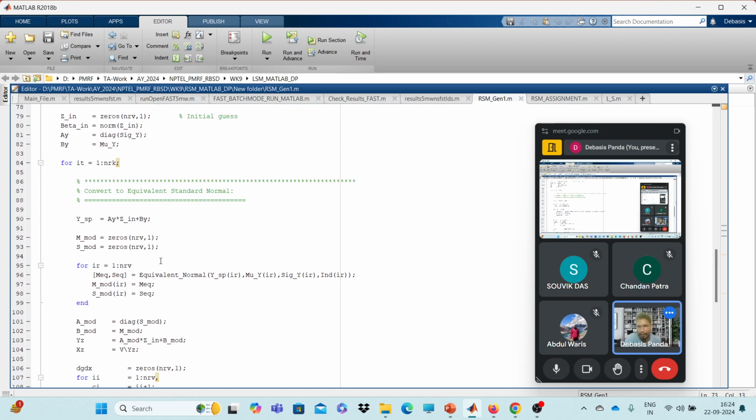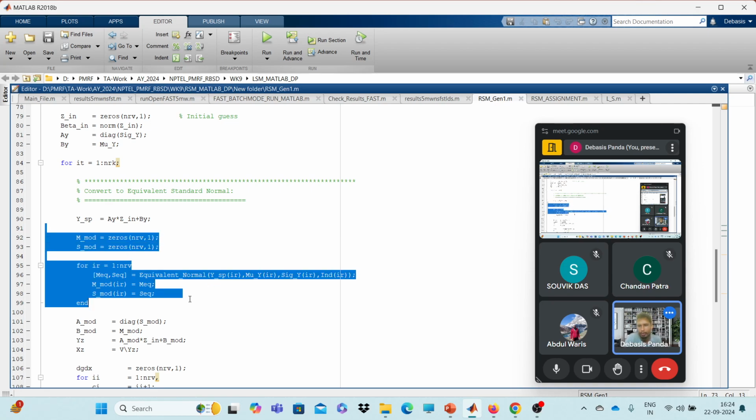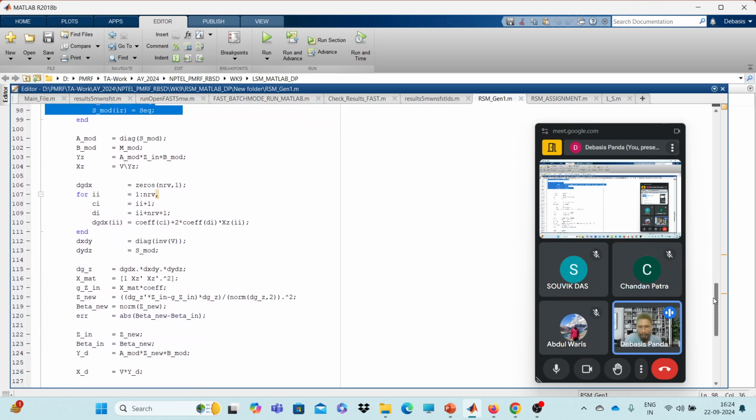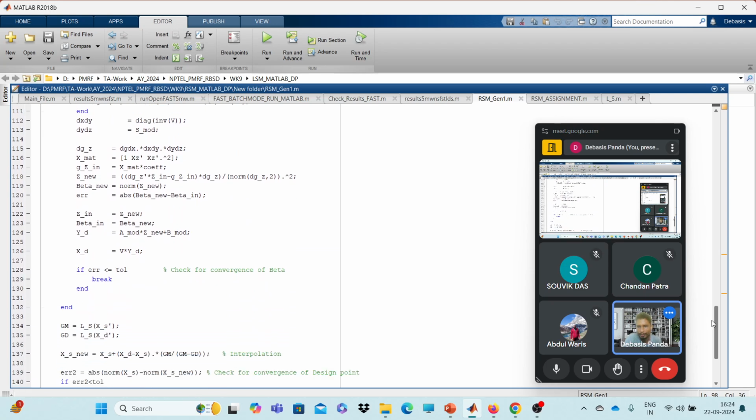If you have different kinds of variables, you need to convert them into standard normal variables, or equivalent normal variables. So these equivalent conversions have been done, and finally we have the results here.